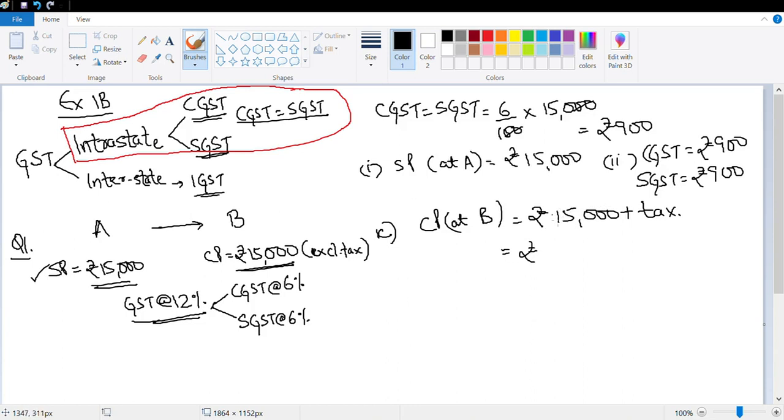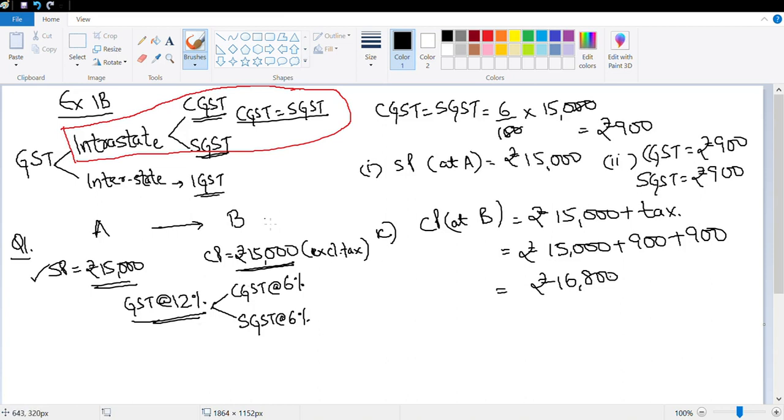This question is slightly vague, but we are assuming that they want the CP including tax. So this is 15,000 plus 900 plus 900, that's 1800, that's 16,800.